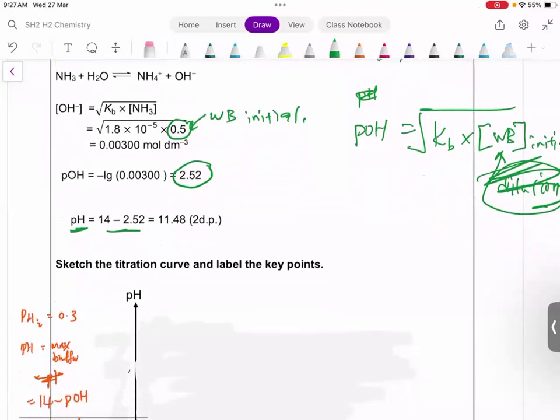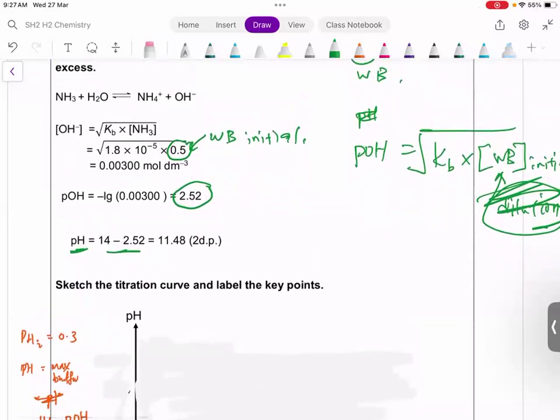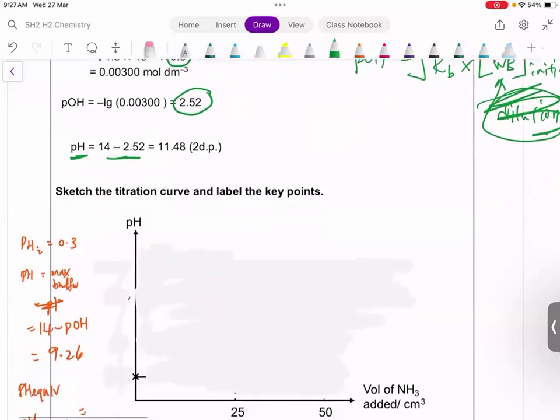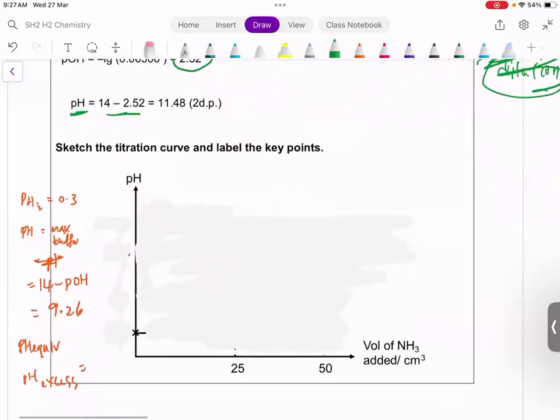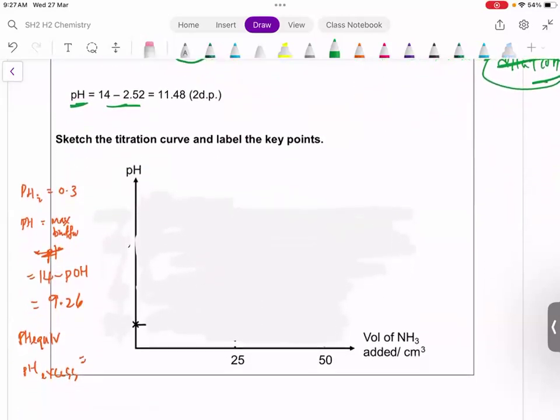Okay, so can I continue? When I sketch my titration curve, I will put my 0.3 here. So this is my 0.3. Okay, then this is my equivalence point.